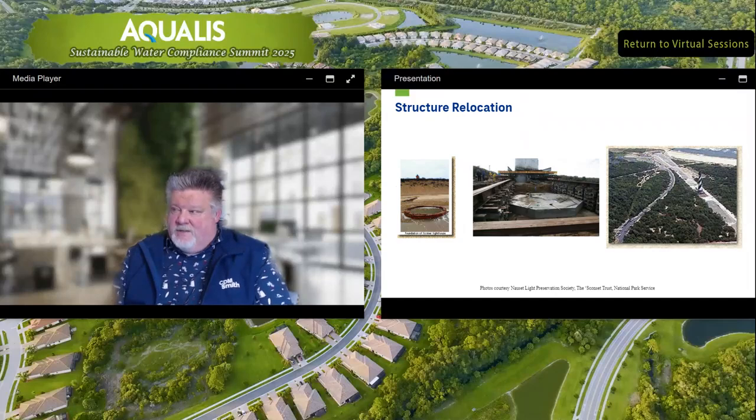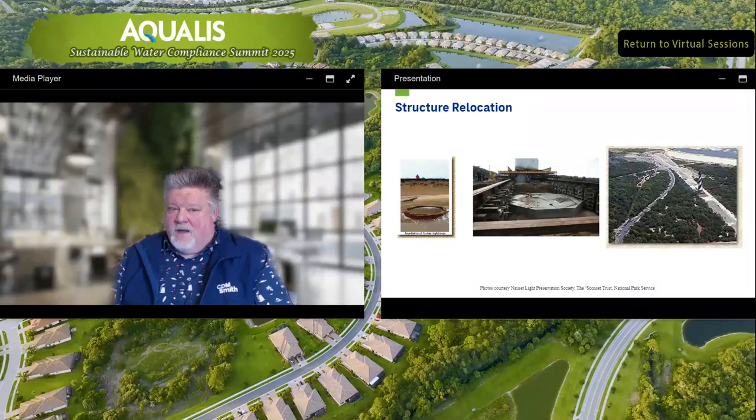So structure relocation is something that makes the headlines when it's the big structures that get moved. The images you see here are all moving of lighthouses. The image on the left is a lighthouse out in Nauset, which is the outer arm of Cape Cod. The middle image is the movement of the Gay Head Lighthouse. That's Aquinnah, which is the southwest corner of Martha's Vineyard.